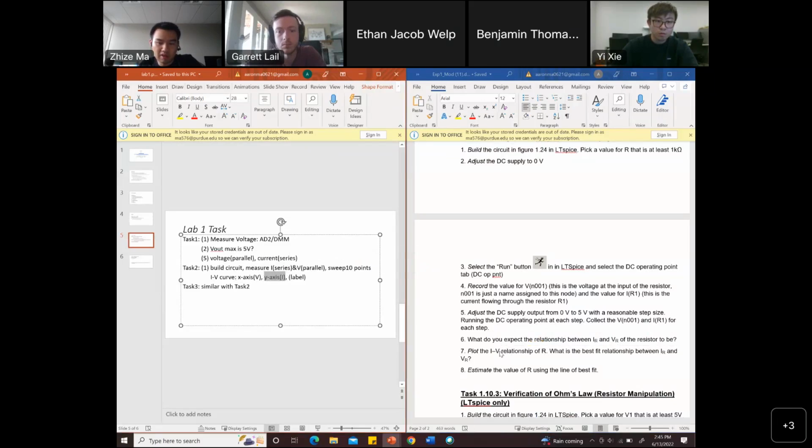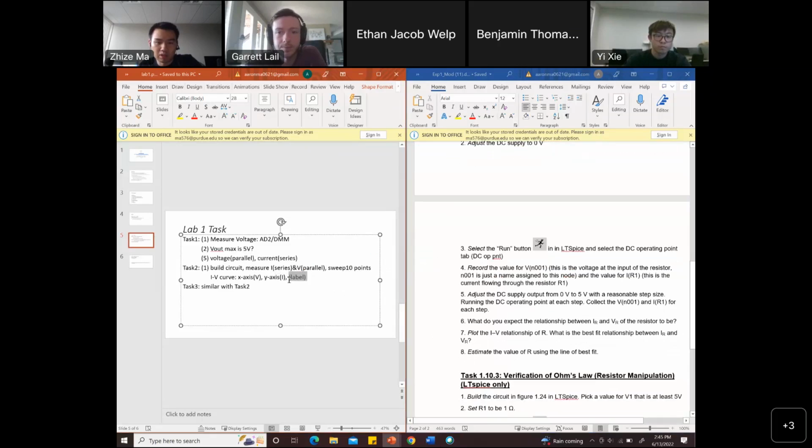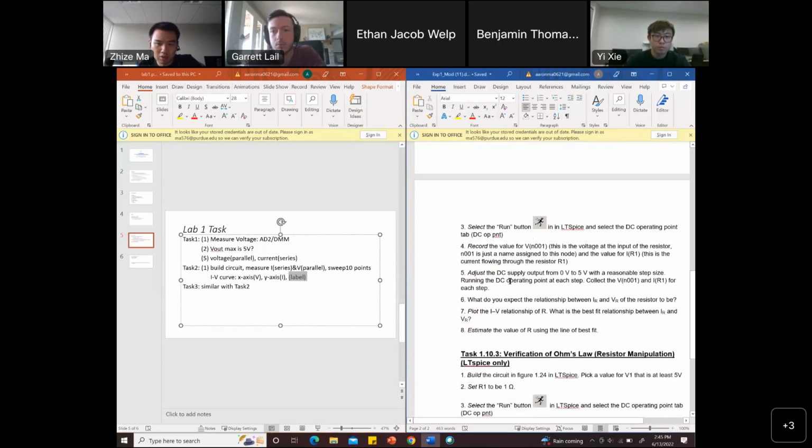That's not the only IV curve in this semester. Later on, they will also plot IV curves. So make sure they know to always put voltage on the x-axis and current on the y-axis, and make sure they label them. Label the current and voltage, and also the unit.